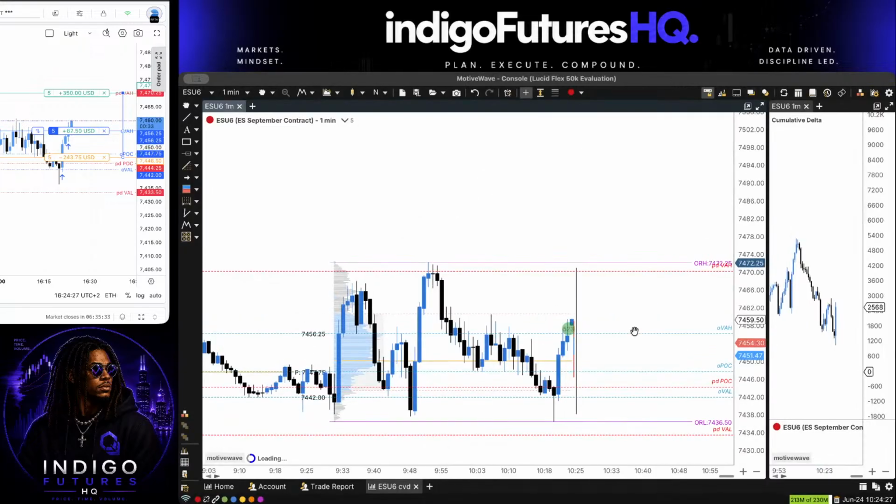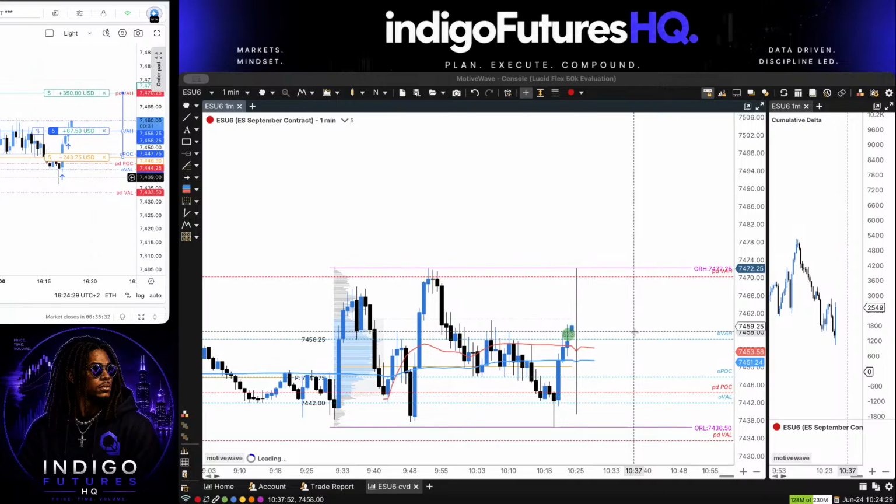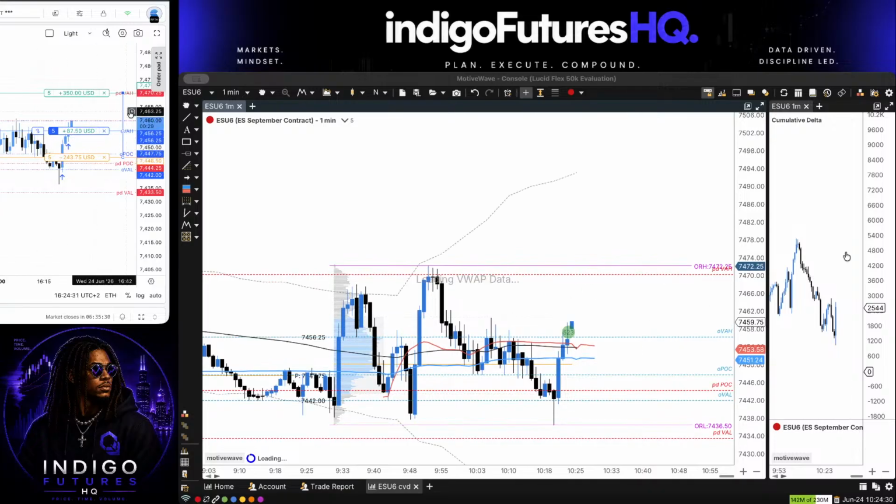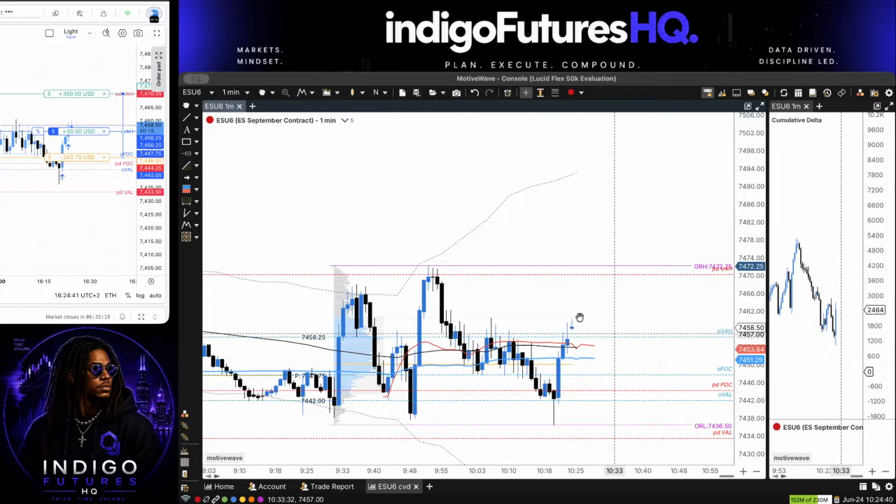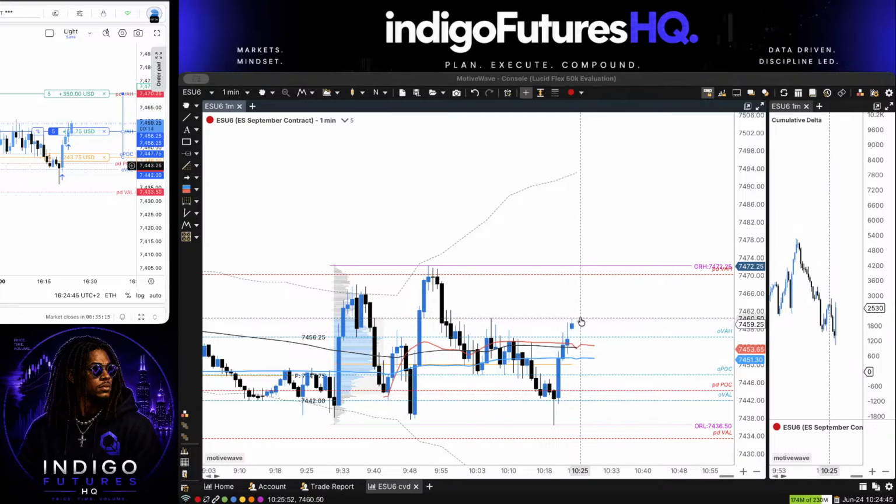Our Motive Wave is tripping. The value area high. So we have 461. So if we can't break that, we need to break 461.